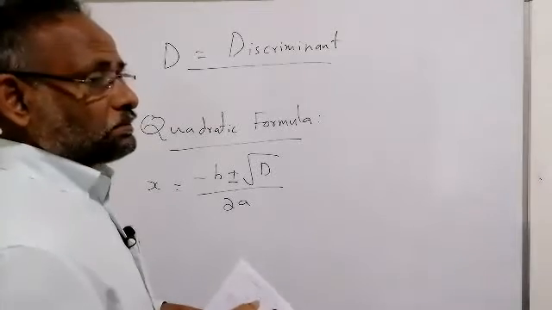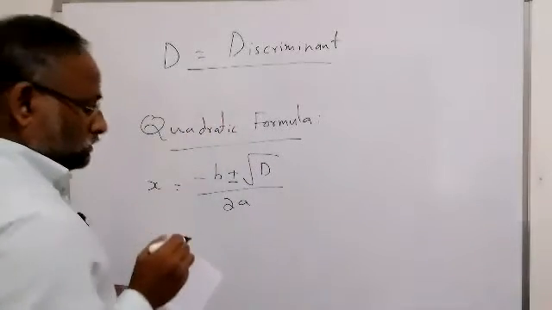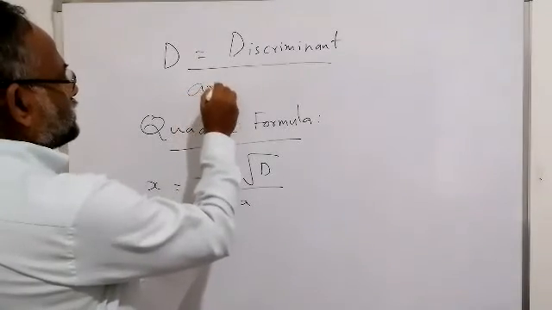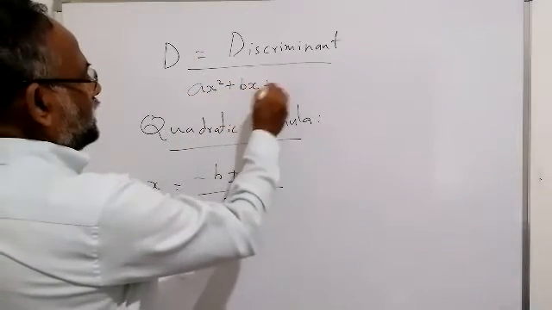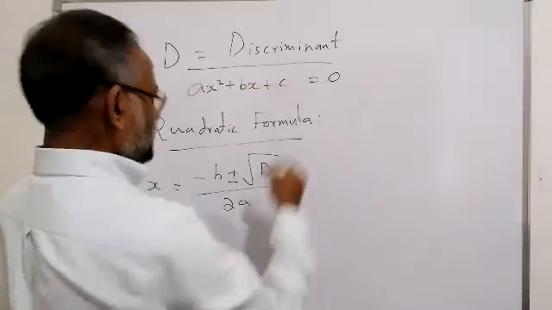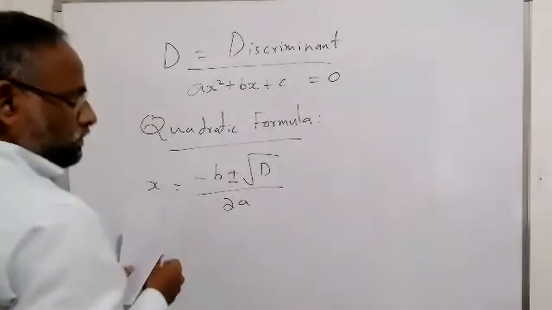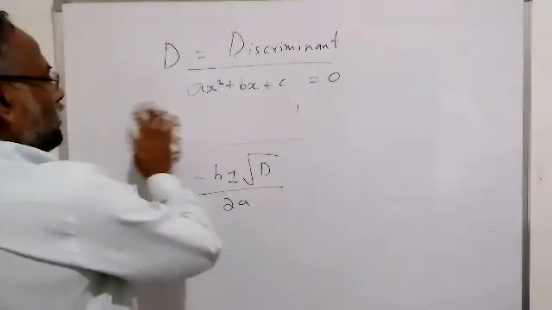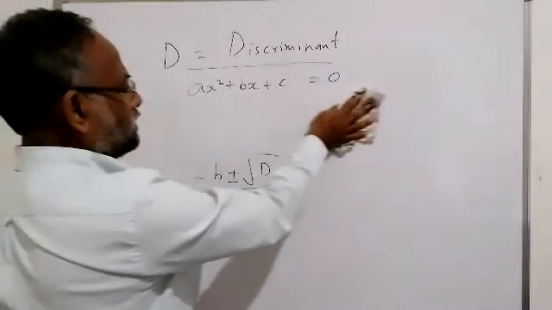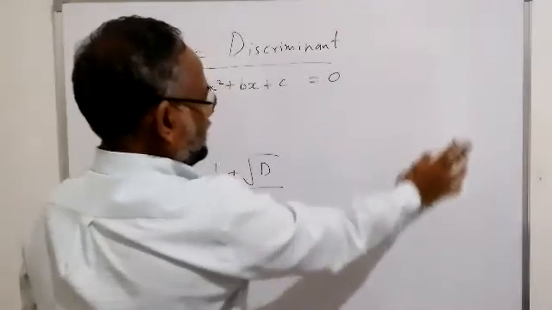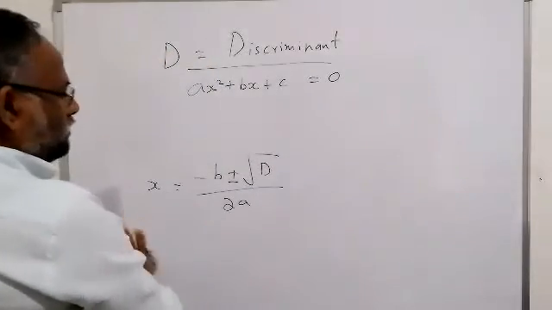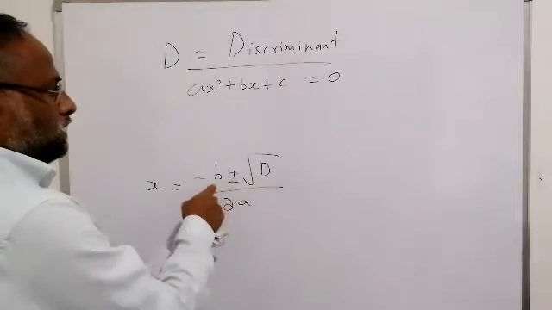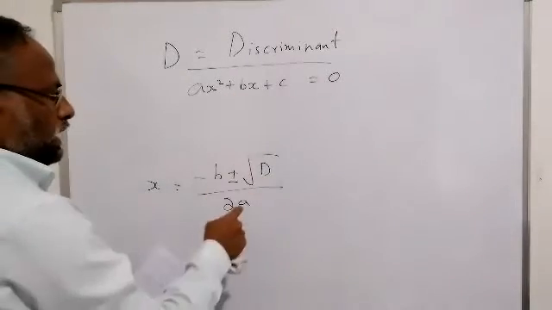You know the standard or general form of a quadratic equation? ax square plus bx plus c is equal to 0. This is the standard form. From this standard form we are deriving D and then substituting.